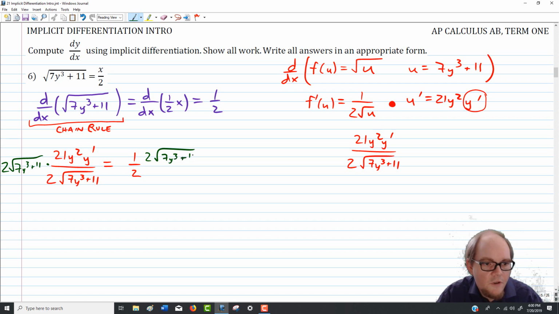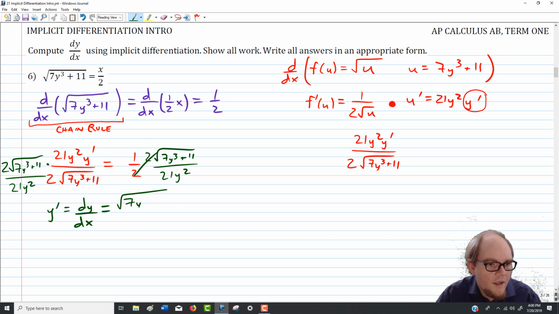And that's kind of a nice first move, because notice the 2's divide away. Second, I'm going to divide both sides by 21y squared. And that's going to leave us with the equation y prime, which we know as dy dx, is equal to, 2's divided away, square root of 7y cubed plus 11, all divided by 21y squared.